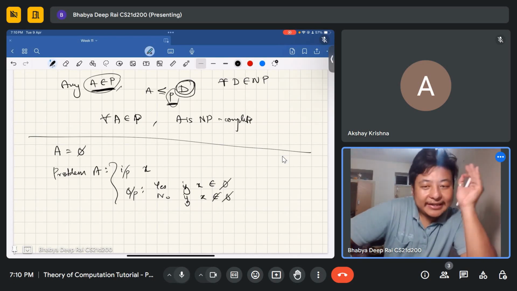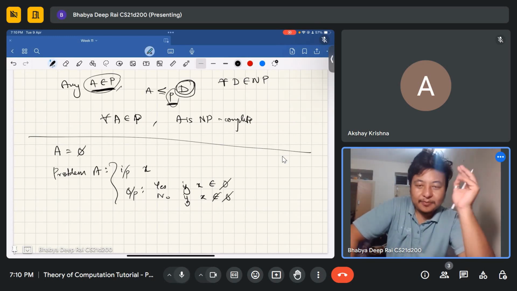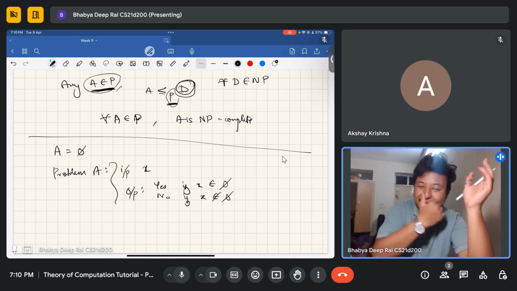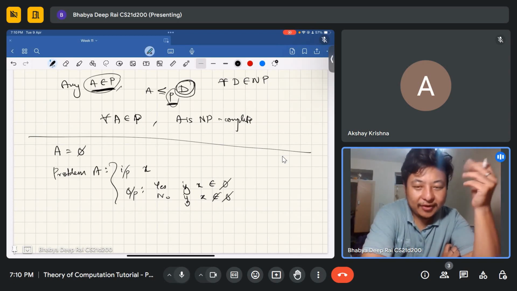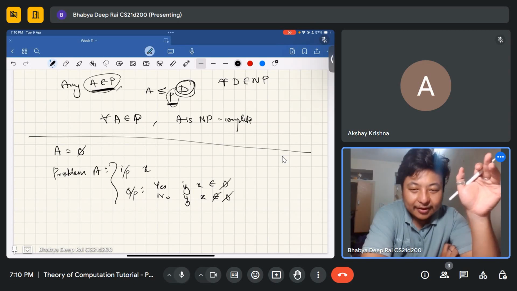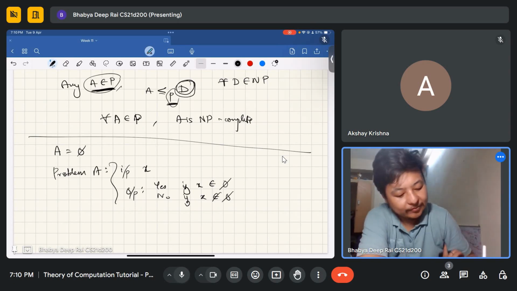But can any X be inside phi, the empty set? The empty set is already empty. So give me any string, you will always say no, it is not in phi. So this is never encountered.